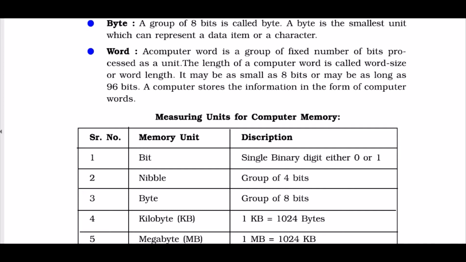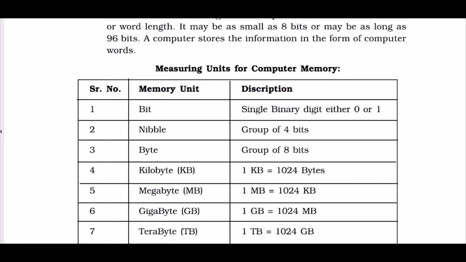It may be as small as 8 bits, which is byte here, or as long as 96 bits. A computer stores the information in the form of computer words. This is how a user can read everything.